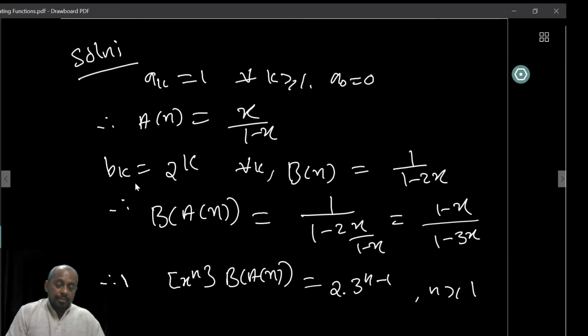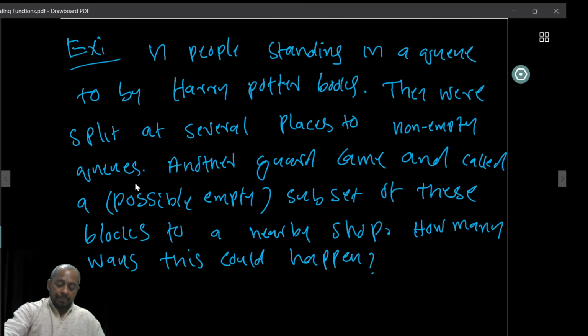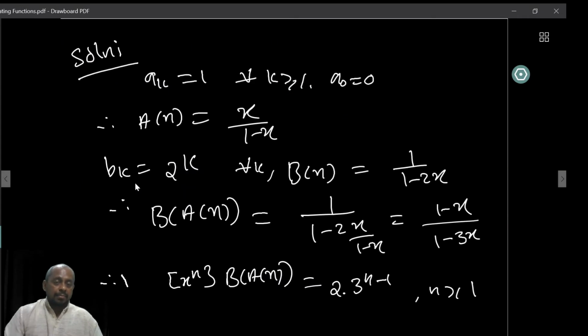Now bk is 2 raised to k because if you are given k blocks, you can call any of the subsets. How many subsets are there for the k element set? There is 2 raised to k, including the empty one. So bk is 2 raised to k, and therefore B of x is 1 by 1 minus 2x. That is the geometric series again.